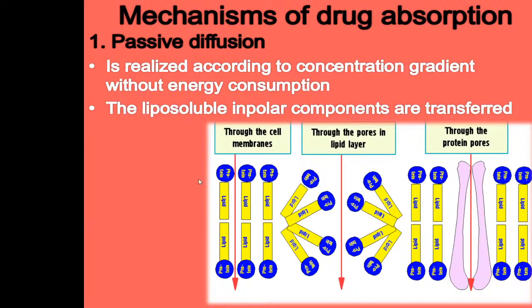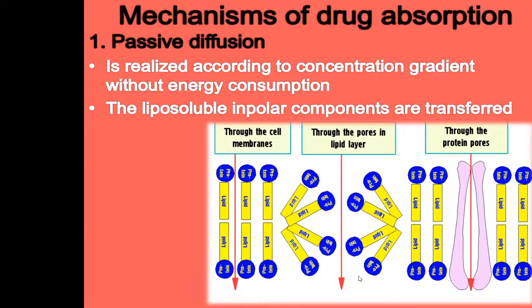So the first mechanism is passive diffusion. This is transport through the cell membrane. It is realized according to the concentration gradient, from the zone with high concentration to the zone with low concentration, without energy consumption. Exactly lipid-soluble molecules, which are non-polar, are transferred.